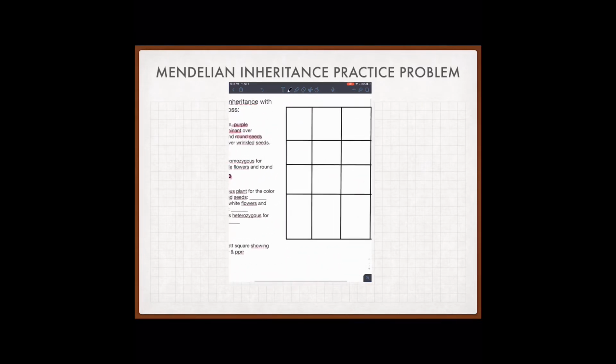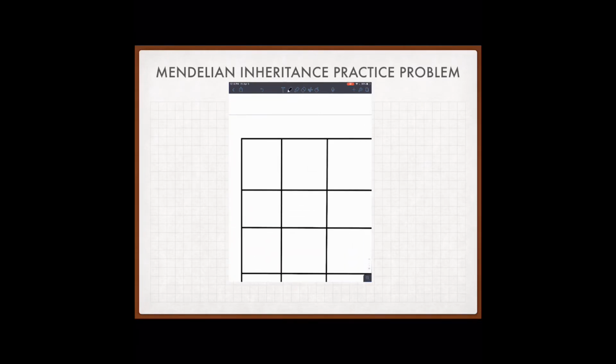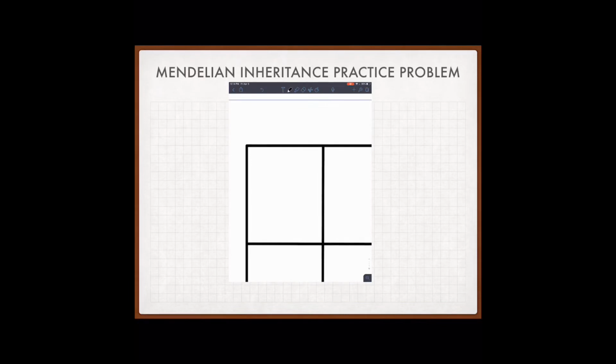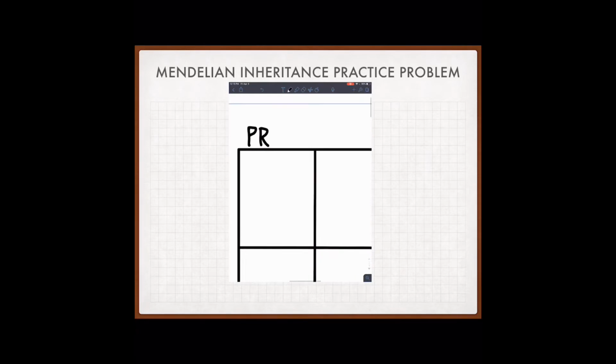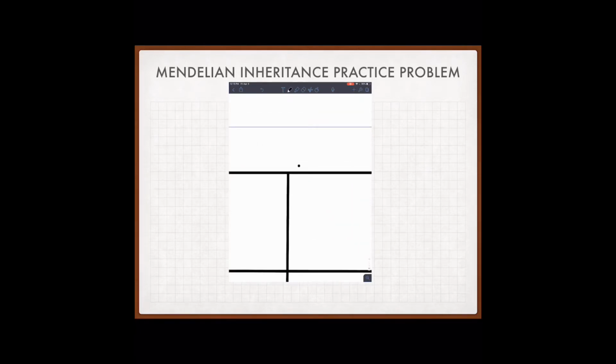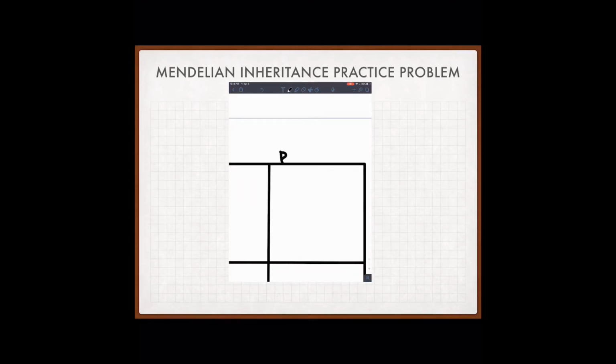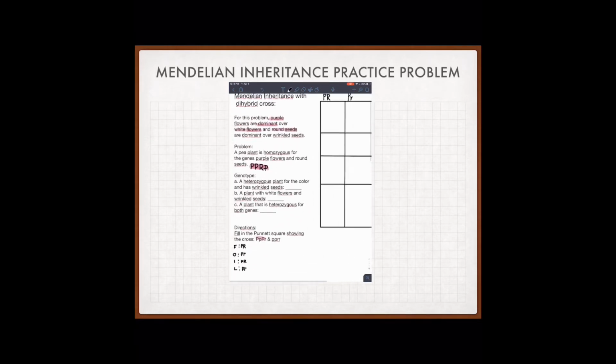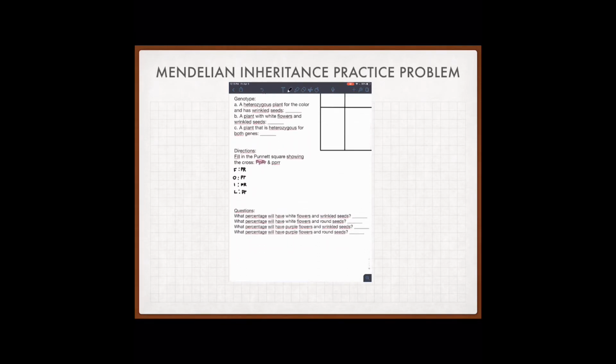Okay, so now I'm going to fill in the parent part of the dihybrid cross based off of what I just wrote. And little p, little r. Okay, so we're going to go through the FOIL method again with our second parent, which is little p, little p, little r, little r.